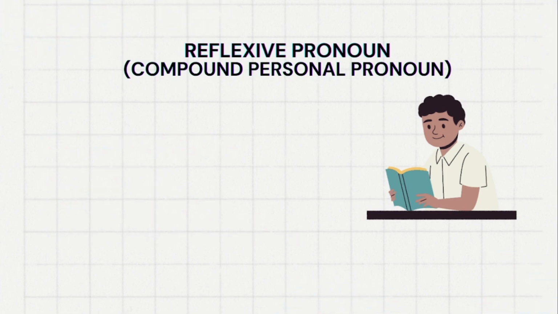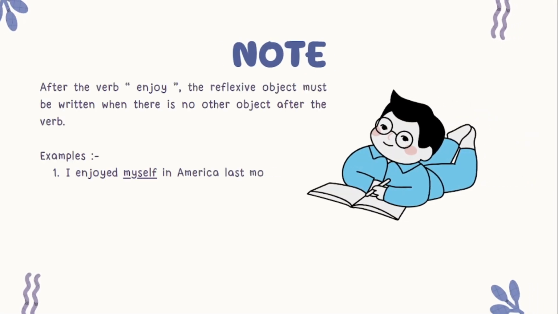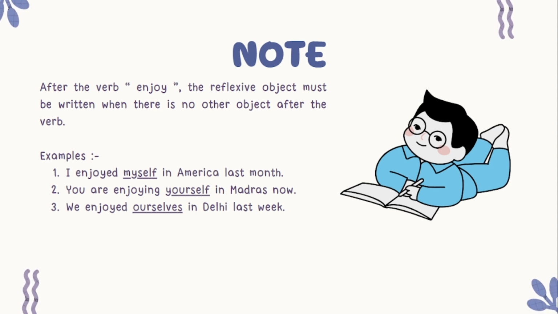One important point regarding reflexive pronouns. After the verb enjoy, the reflexive object must be written when there is no other object after the verb.